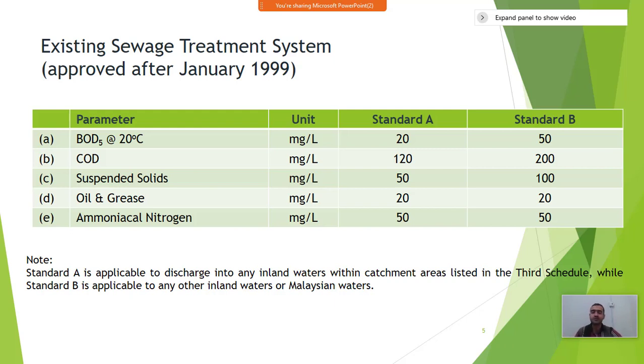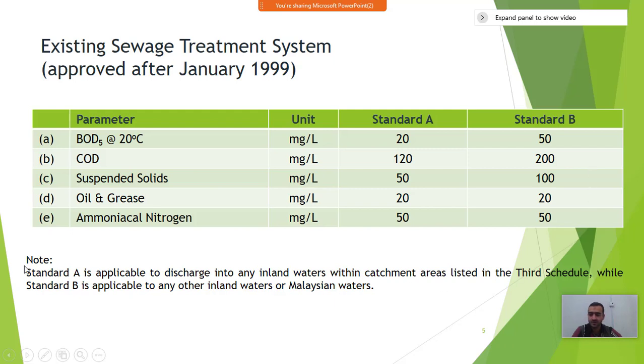So any plant from before 1999 that is going to be approved after that has to follow these standards as well. It's almost the same, but with some little differences. Same goes for BOD, COD, solids, oil and grease, ammoniacal nitrogen. So we have standard A and we have standard B.